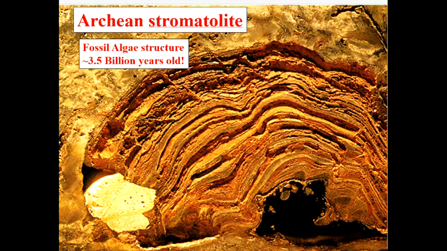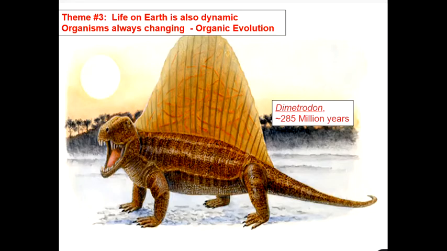The third major theme about the course is that not only is the Earth dynamic and we have all those millions of years, but life on Earth is also dynamic. Organisms are always changing. I know that you can go out into your front yard and an oak tree is an oak tree. And you can look at photographs from 150 years ago and oak trees are still oak trees.